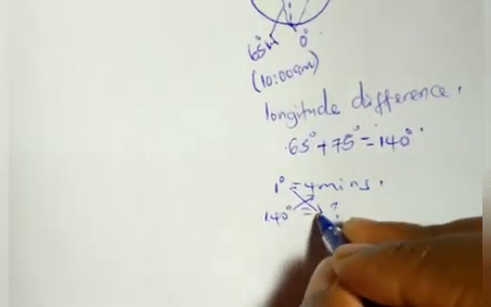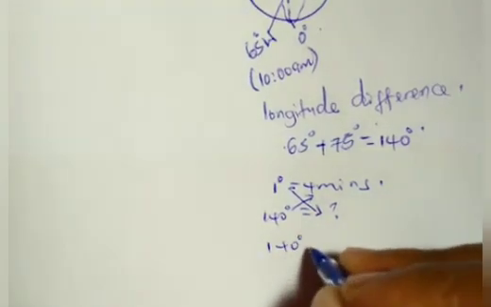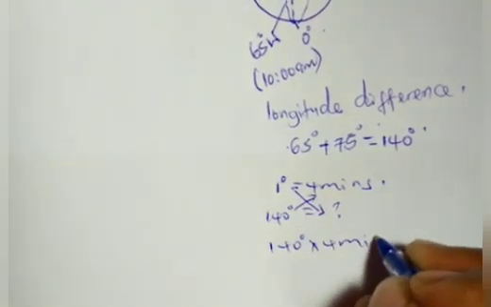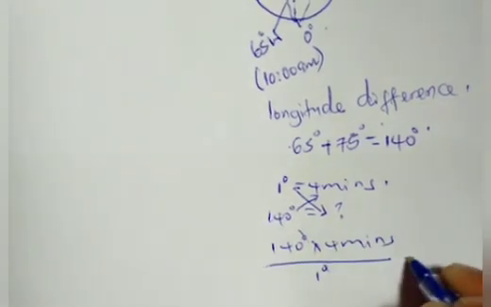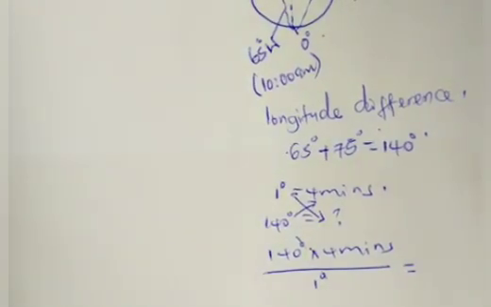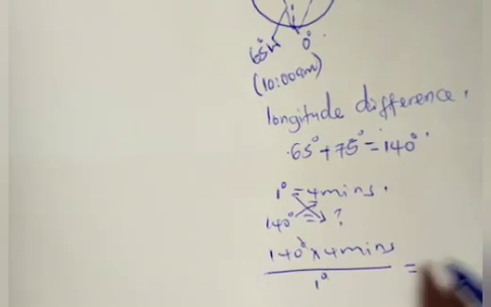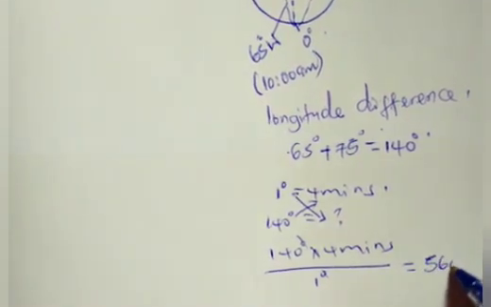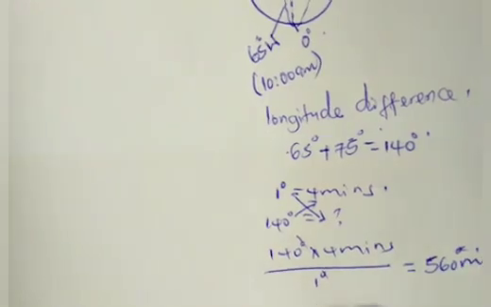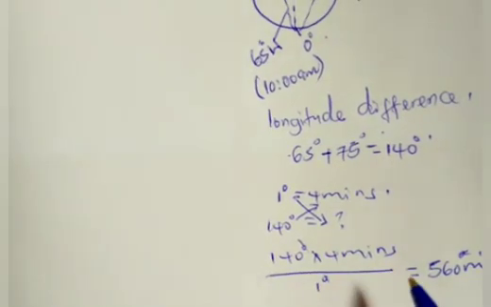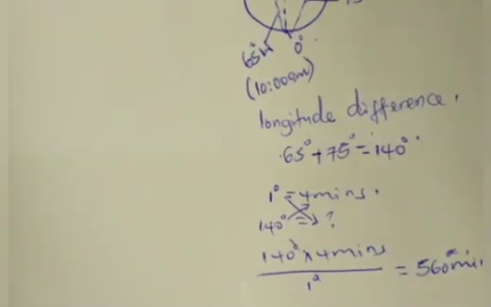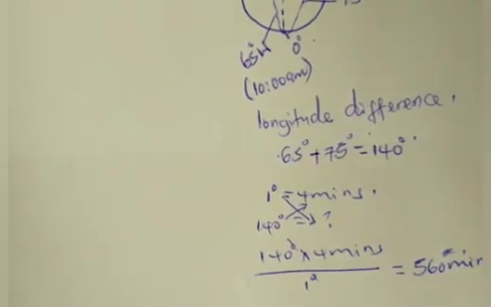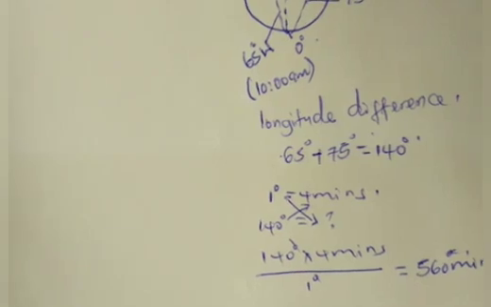We cross multiply and divide: 4 minutes divided by 1 degree, degree cancels degree. 140 times 4 gives me 560 minutes. Remember, degrees cancelled with degrees and we remain with minutes, because we were checking how many minutes are taken to cover 140 degrees.